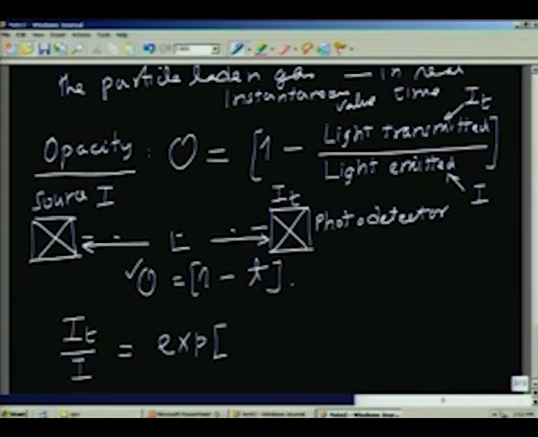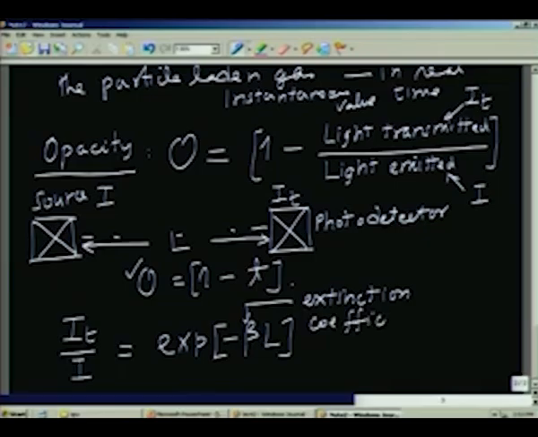Because of the absorption and scattering, the intensity will be reduced, and this ratio is given by exponential of minus beta times L, where beta we call the extinction coefficient. We have already come across this law, which we call Beer's law.